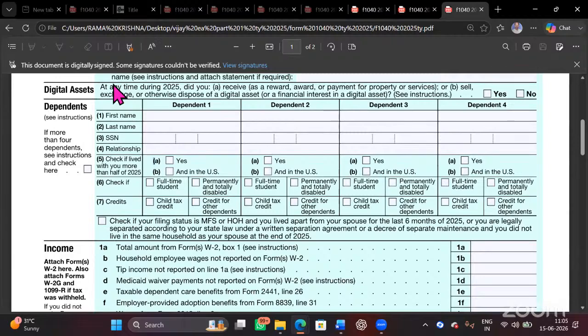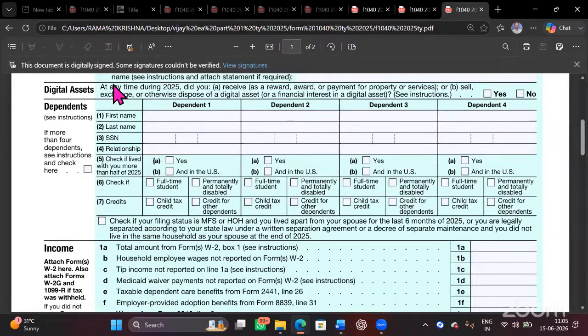In that case, the main Form 1040 does not support it here. It supports only up to 4 dependents. A supplementary document can be attached to Form 1040 when the taxpayer has more than 4 dependents.